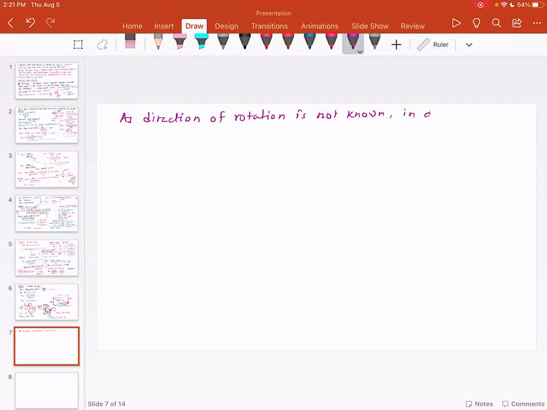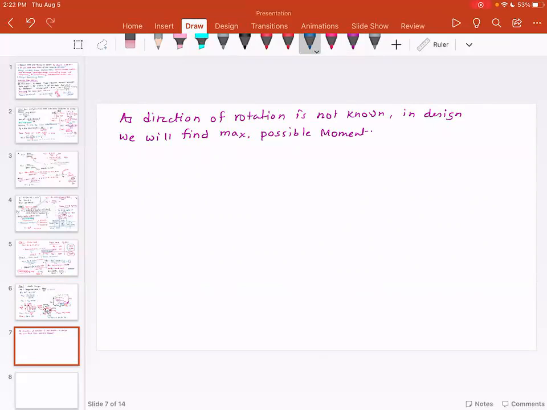In design, we will find the maximum possible moment. What that means is, I'm going to assume all the moments to be positive.